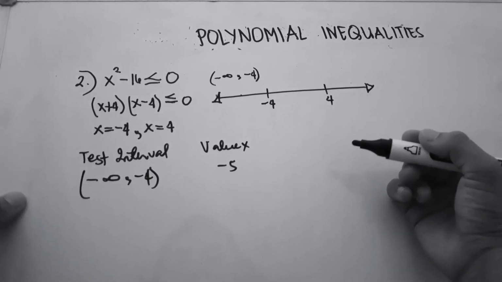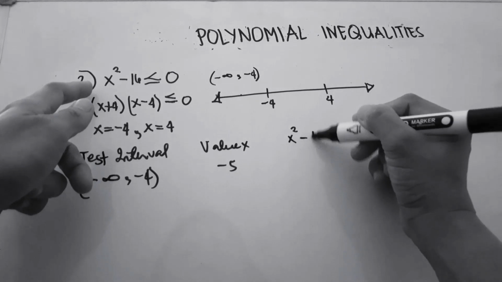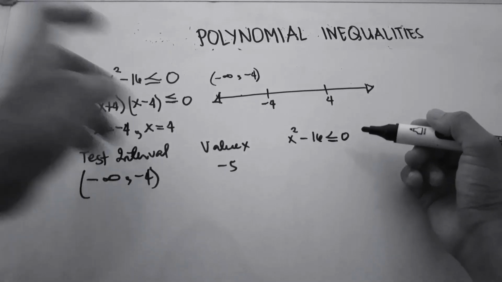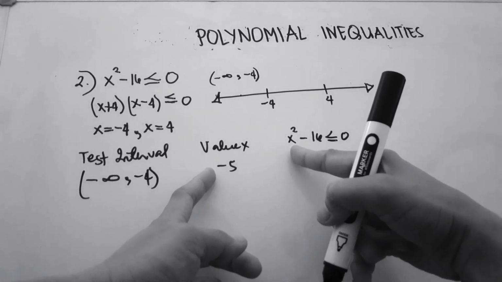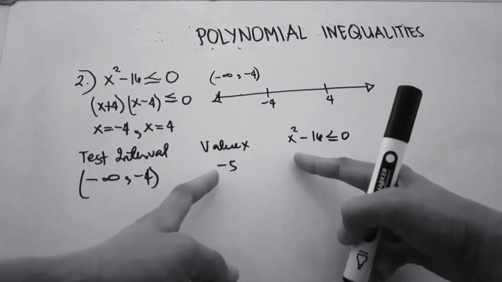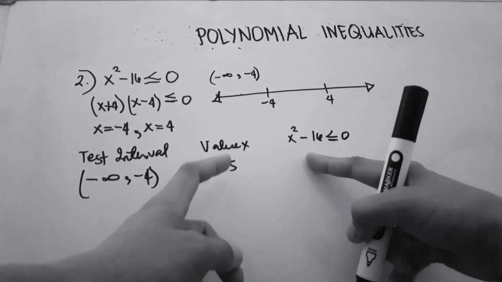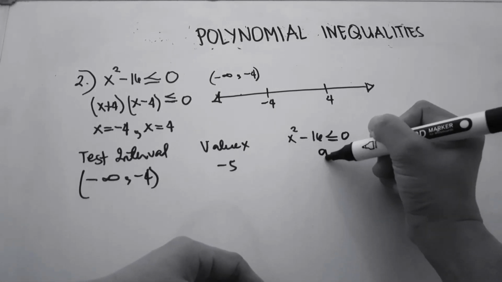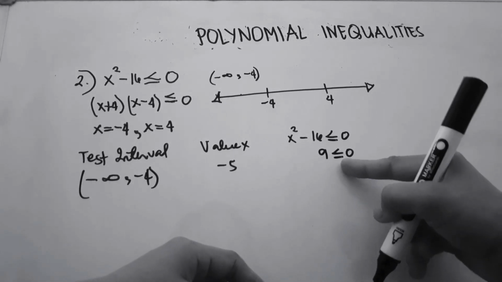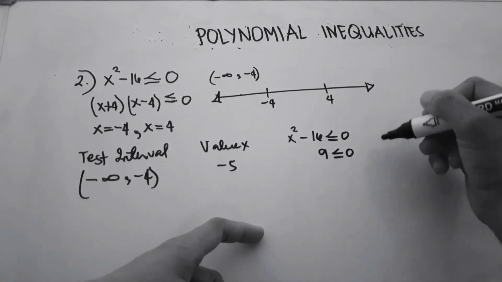Then x squared minus 16 is less than or equal to 0. Substituting negative 5, negative 5 squared is positive 25 minus 16, which is equal to 9. And 9 is not less than or equal to 0.